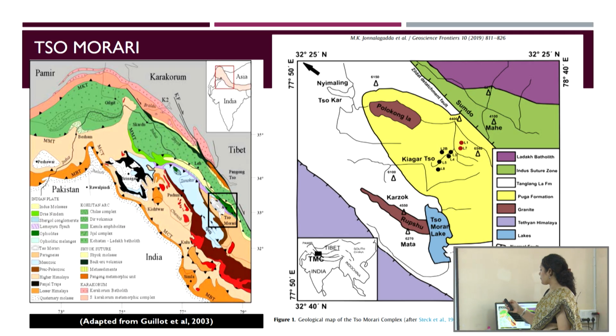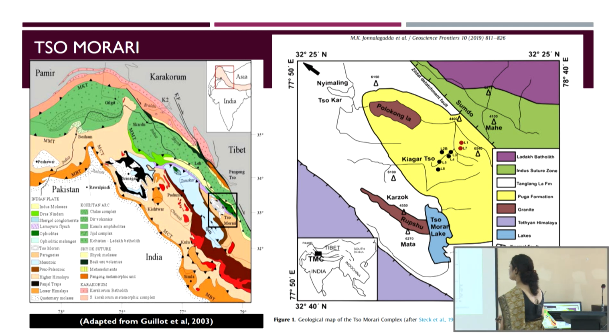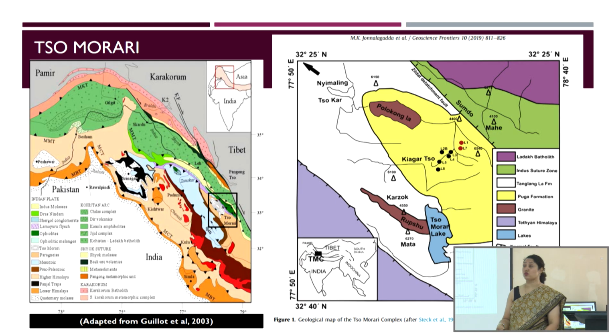If you look at the map, it's a dome shaped or oval shaped structure. The yellow is the quartzofeldspathic gneisses. It's extensive and highly deformed in places, grading in fact at some places to mylonites also.